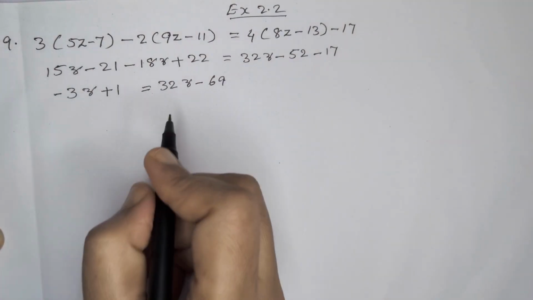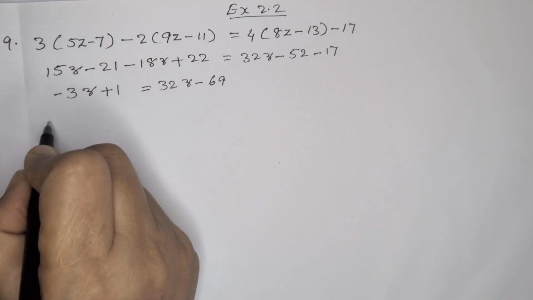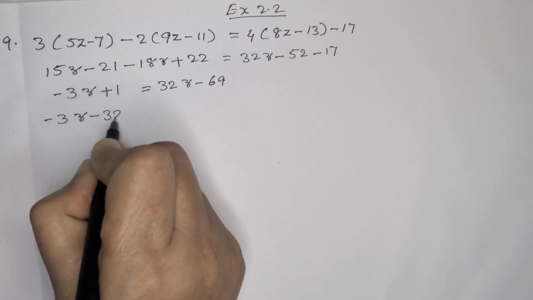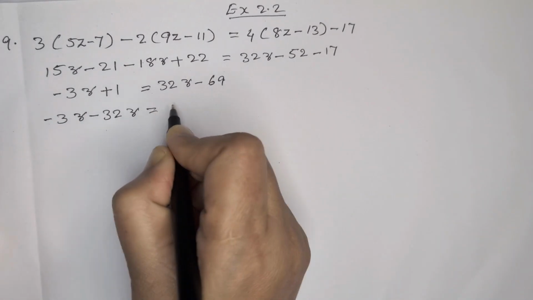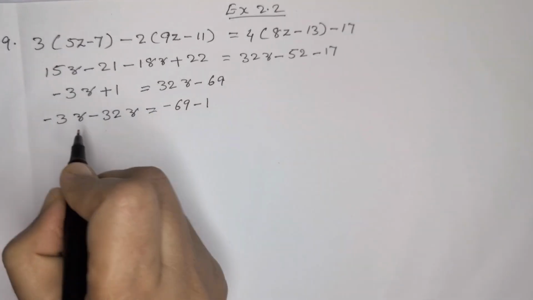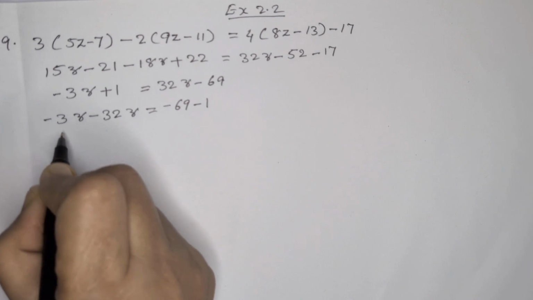Now when we are moving 32z to the other side, minus 3z minus 32z is equal to minus 69 minus 1. 32 plus 3, that is 35.